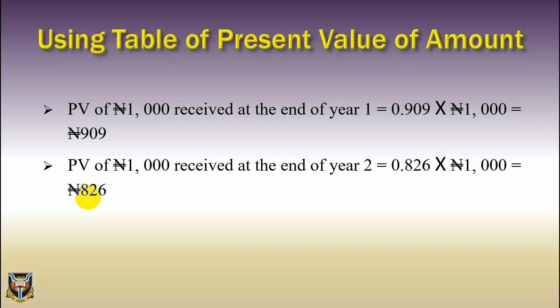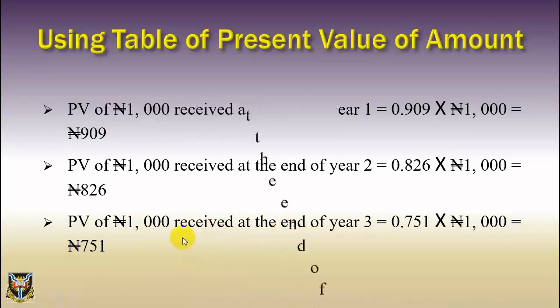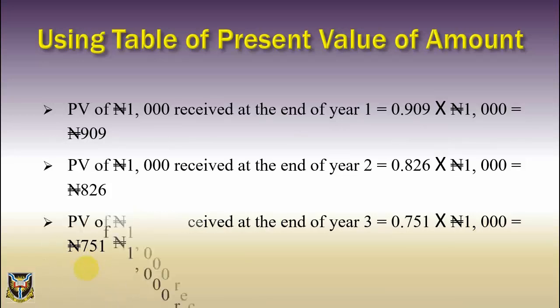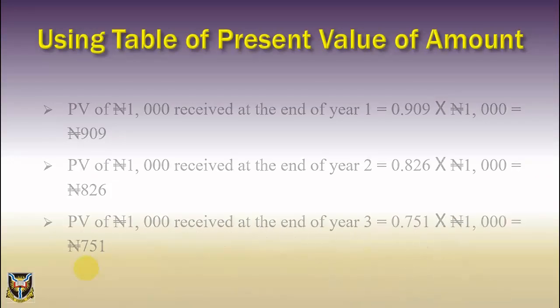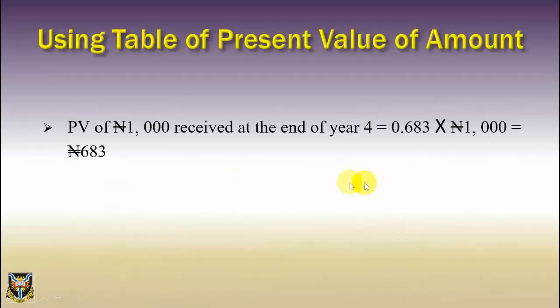PV of 1,000 naira received at the end of year 3 is equal to 0.751 times 1,000 naira, which is equal to 751 naira. PV of 1,000 naira received at the end of year 4 is equal to 0.683 times 1,000 naira, which is equal to 683 naira.